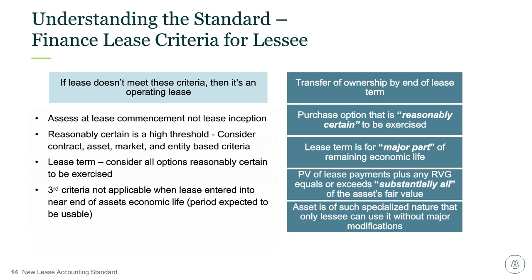While you can't simply default to legacy GAAP ASC Topic 840 bright lines in evaluating the 3rd and 4th criteria listed here, the new leasing guidance does state that one reasonable approach to assessing these criteria is to conclude that a financing lease results if either the lease term is equal to 75% or more of the remaining economic life of the leased asset, or the present value of lease payments plus any residual value guarantee, or RVG, as you see abbreviated here, equals or exceeds 90% of the fair value of the leased asset.